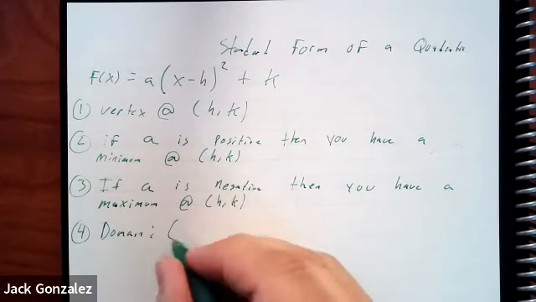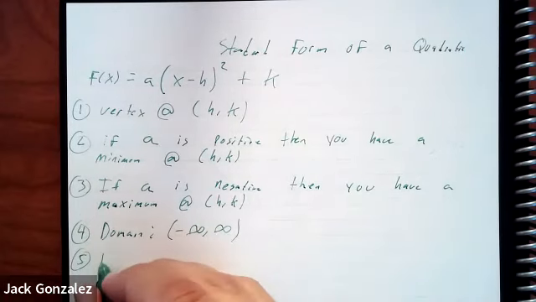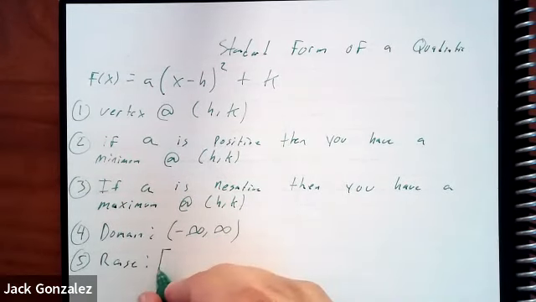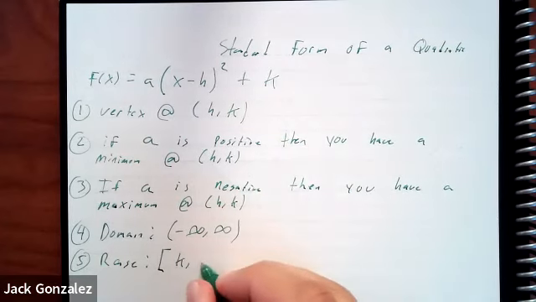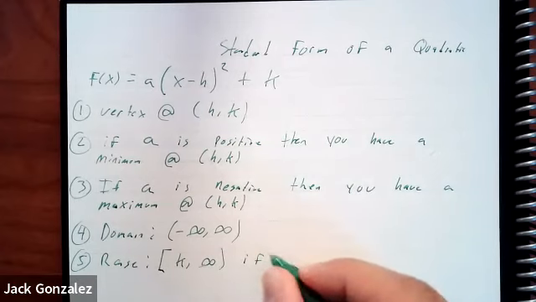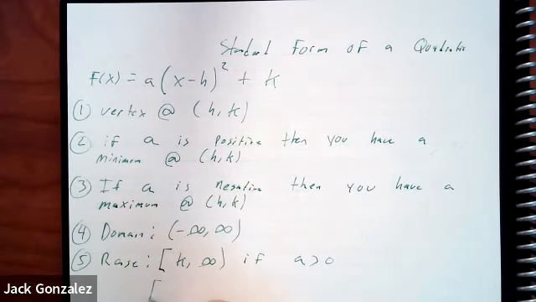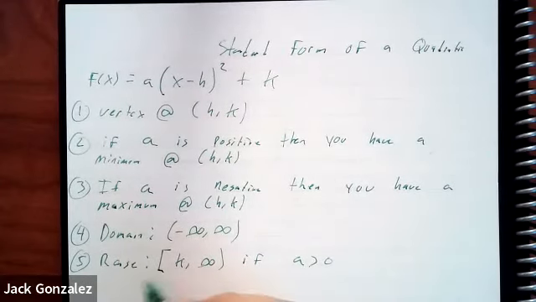Domain will always be negative infinity to infinity. Range will always be k to infinity if a is positive, and negative infinity to k if a is negative.